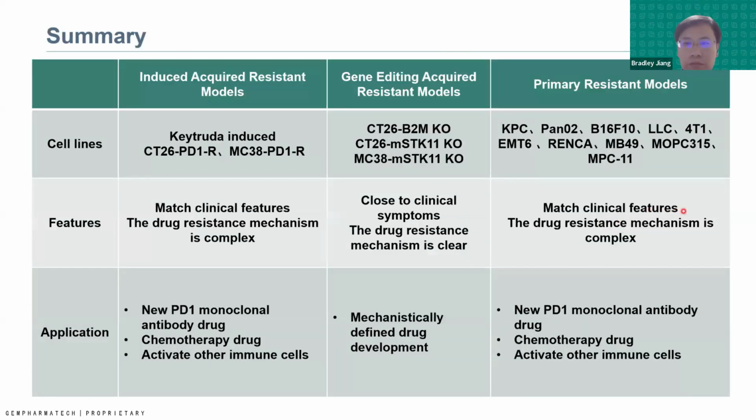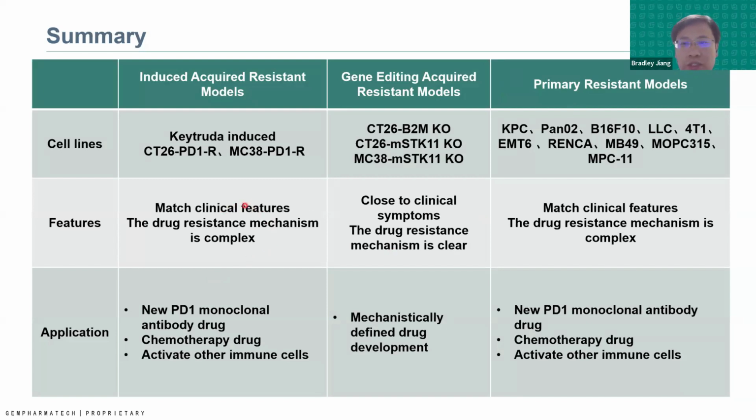Finally, to summarize the characteristics of the different methods to construct models and the direction of their applications. For primary resistance and induced resistance models, their resistance mechanisms are complex due to tumor heterogeneity.